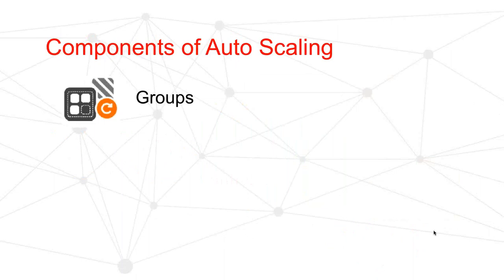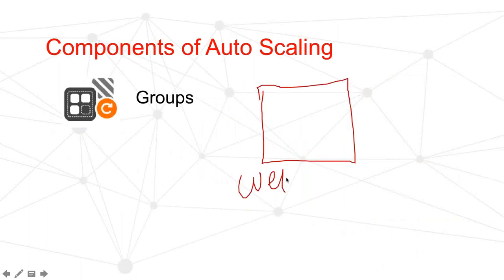You create certain groups for you. For example, suppose you create a web tier group, and you just have all these web instances.